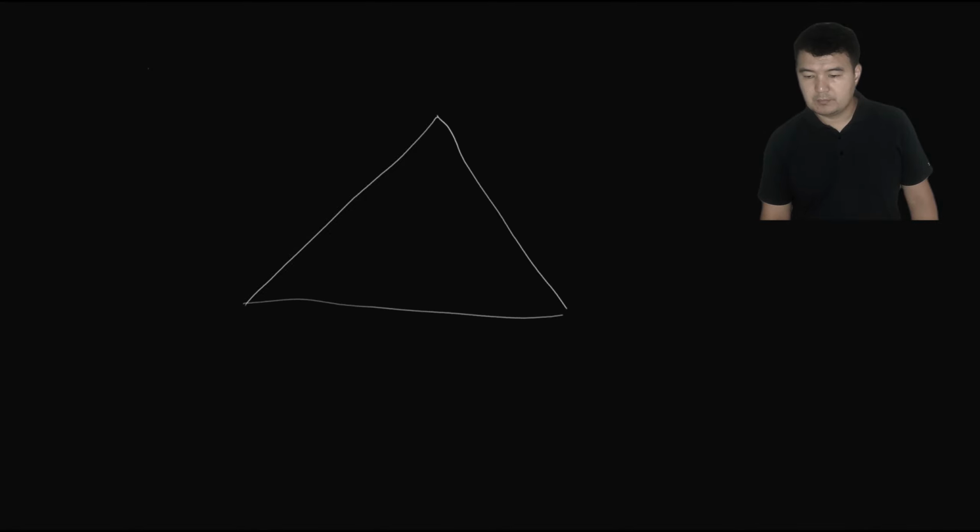In any triangle, if you connect midpoints of two sides, let's say midpoint here and midpoint here, this line is usually called the midline of a triangle, and the length of this midline is going to be twice shorter than the opposite side. So this side is twice. So these two are equal.